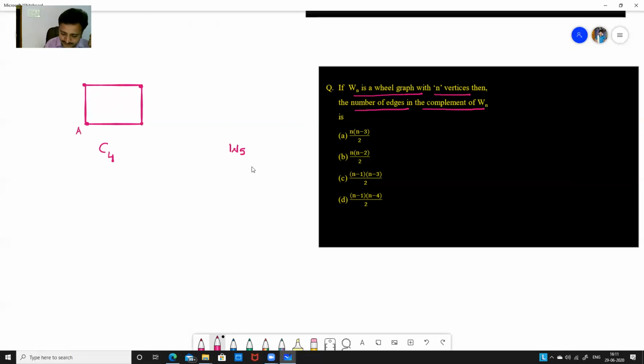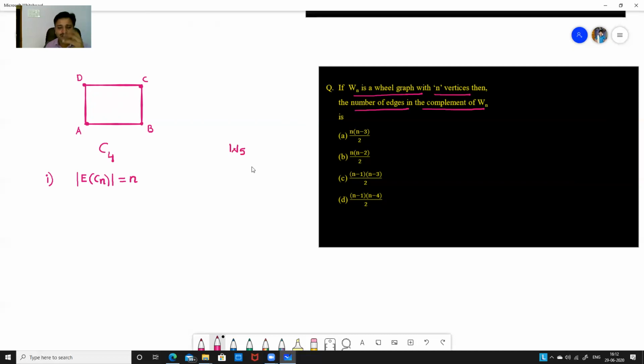Imagine that we have vertices A, B, C, and D. What are the basic properties of a cycle graph? The first property you have to remember: the number of edges in a cycle graph with n vertices must be n edges.